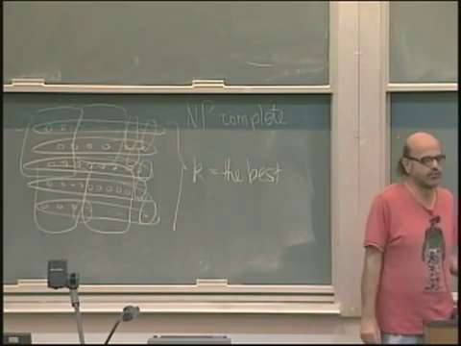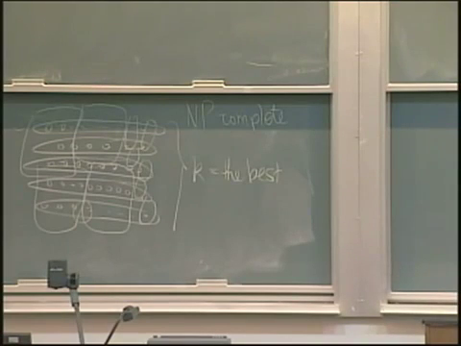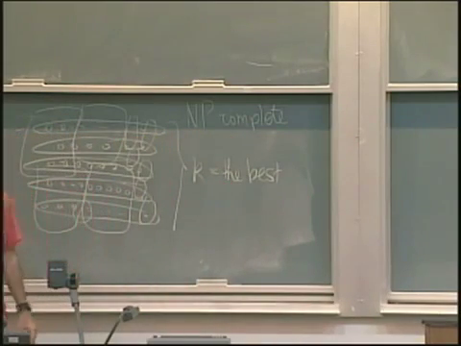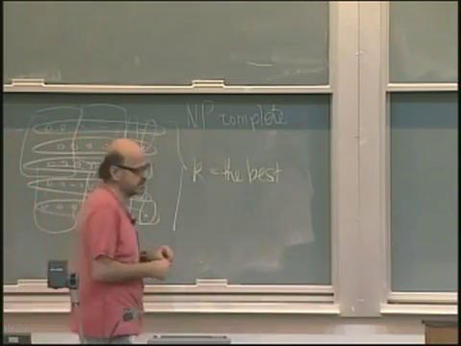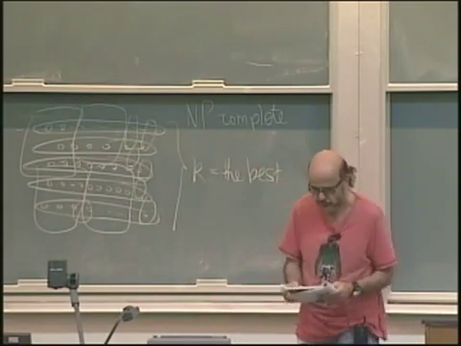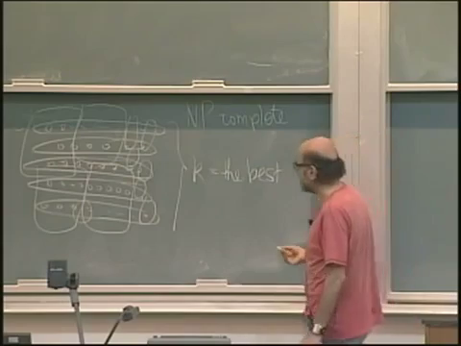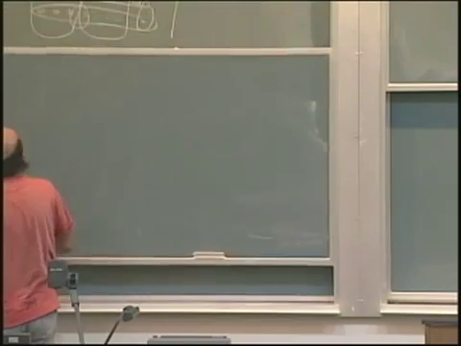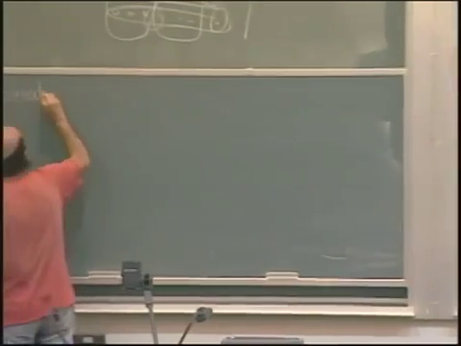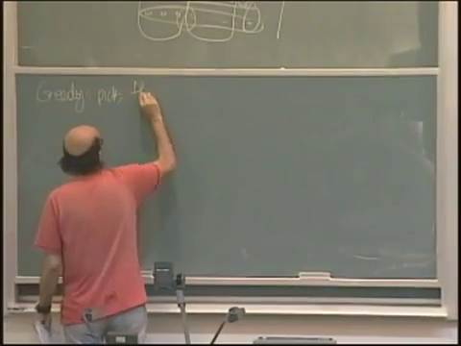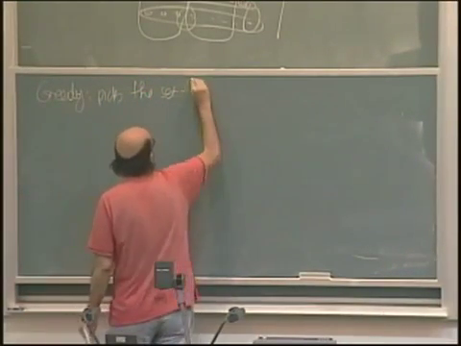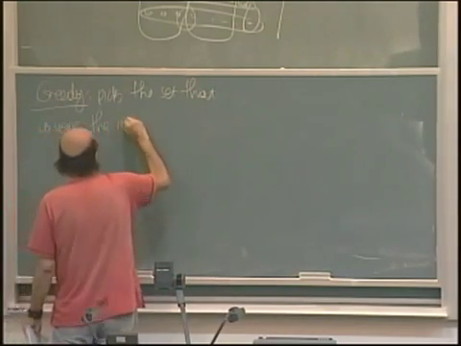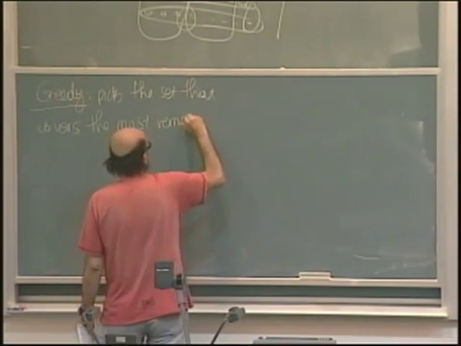So what we want to do now is prove that the stupid greedy algorithm that looks at the bigger set and puts it in. So what's greedy? Greedy says the greedy algorithm picks the set that covers the most remaining elements.